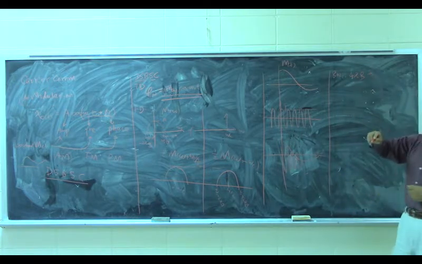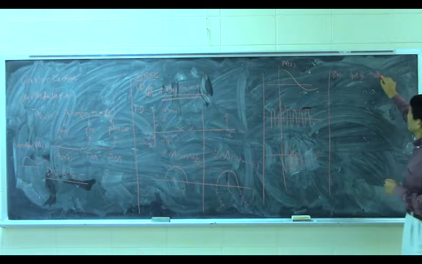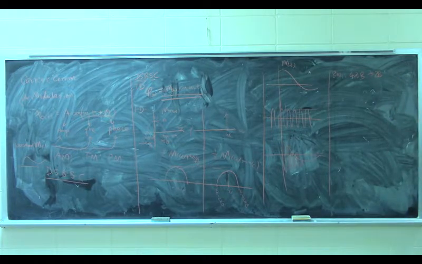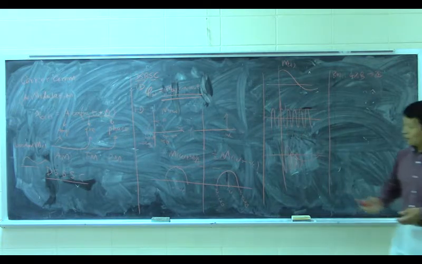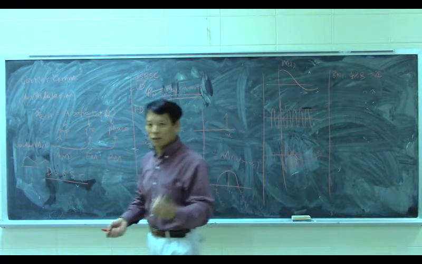Dividing by 2 pi gives us 2B. The original bandwidth of the baseband is B, now we have 2B. What does that mean? It's called double sideband. The bandwidth is double. Does it make sense? So the modulated signal has double sideband.